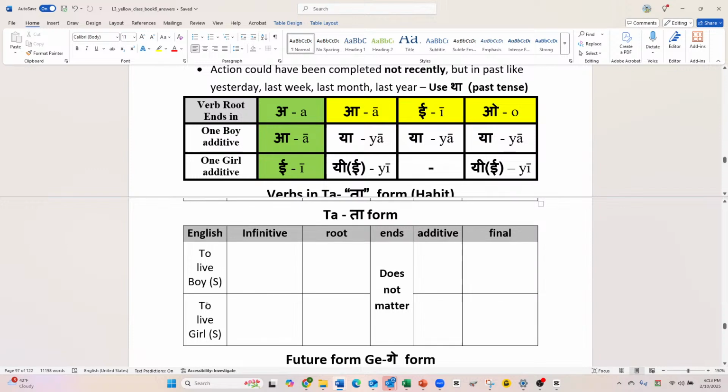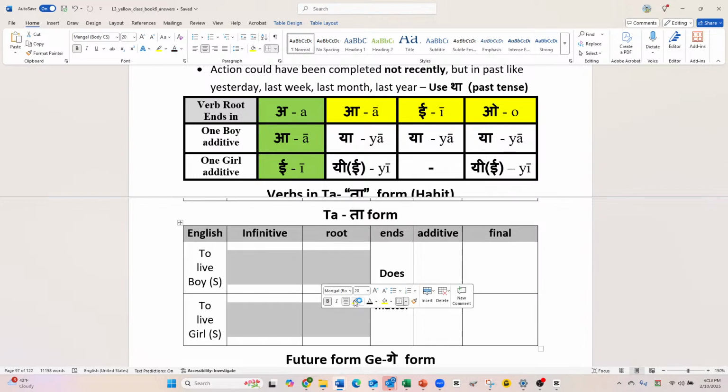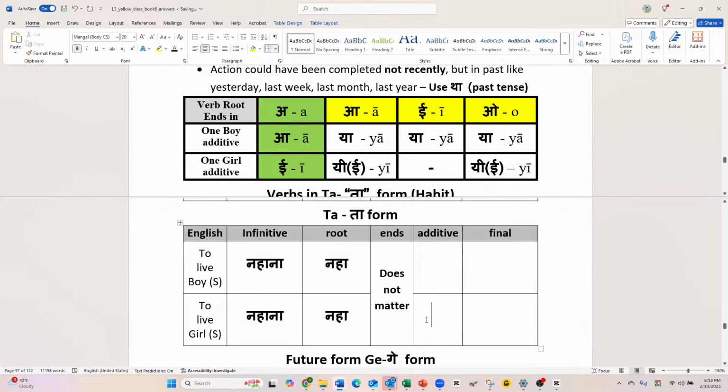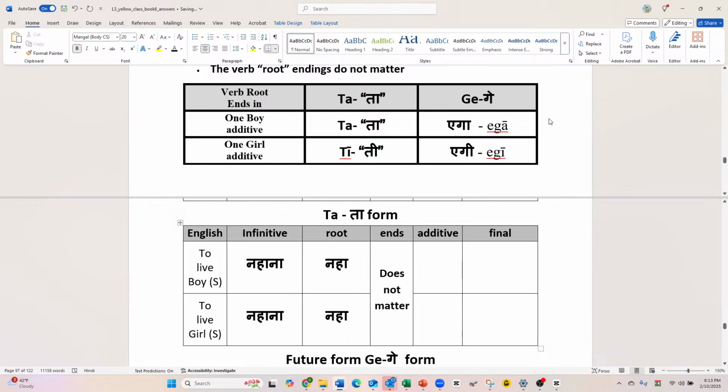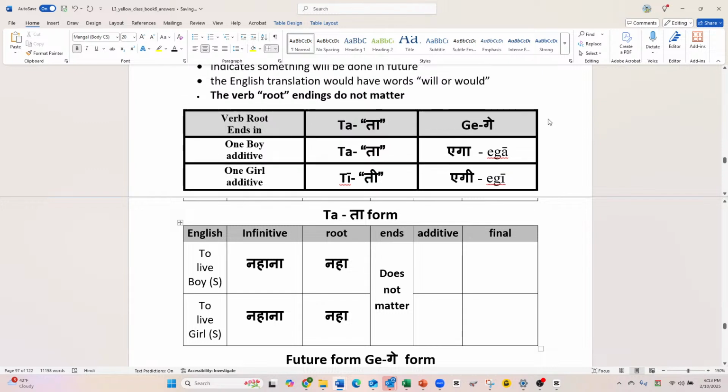Okay, let's go to the ta form. The root and the infinitive stay the same. So what are the additives for ta form? Ishan, what are the additives for ta form? What gets added to the root?